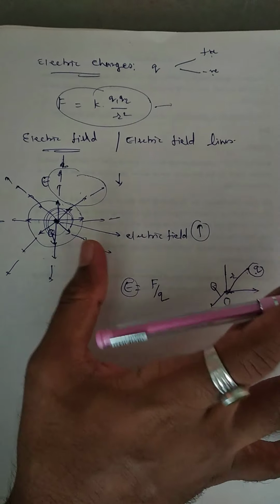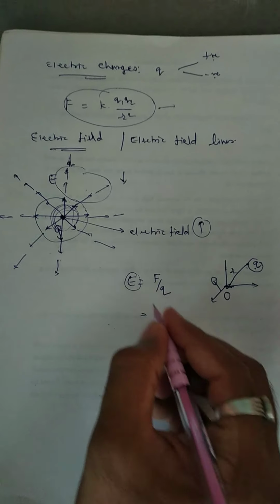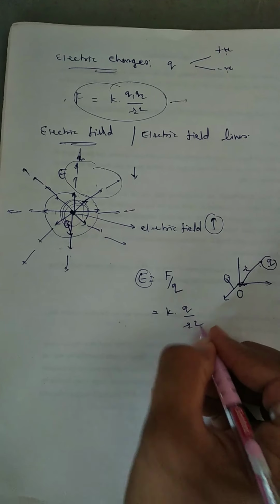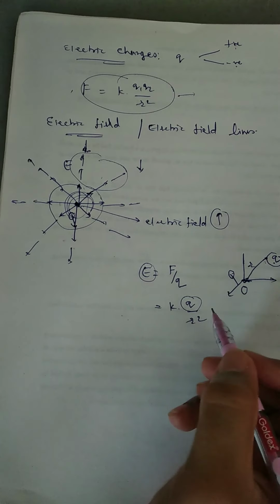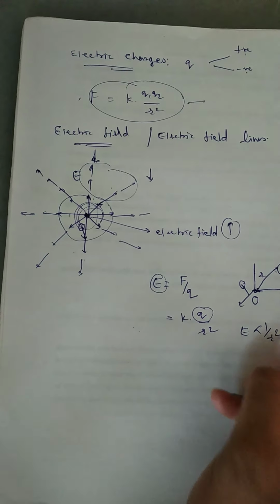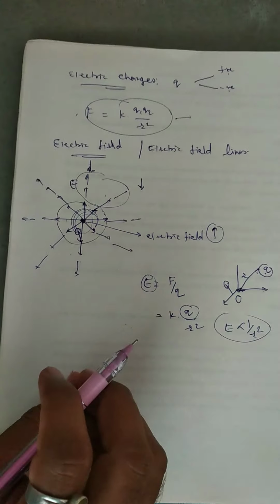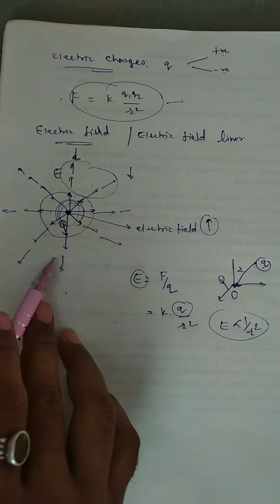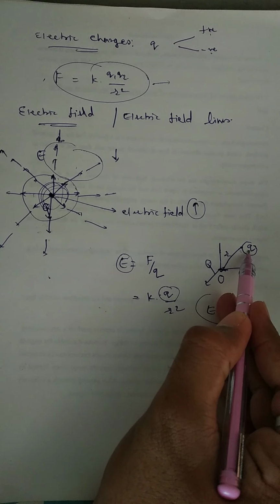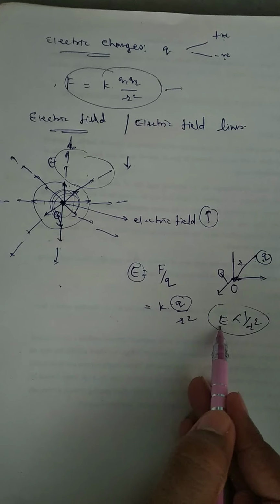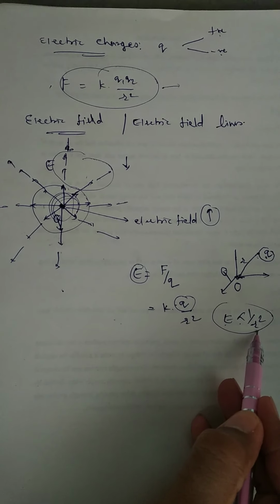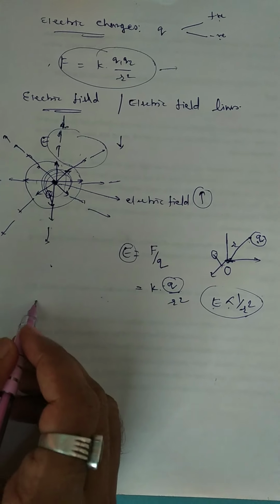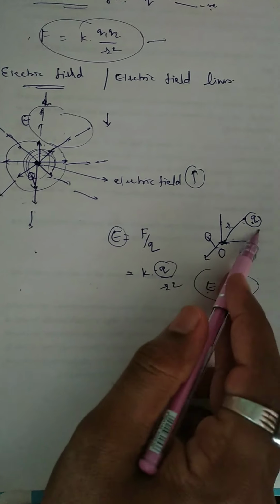So E is equal to F upon Q. If we put the value of F in this equation, we get K Q upon R square, where Q is a test charge, so E is proportional to 1 upon R square. Here we understand a few properties of the electric field. First, the electric field is independent of the test charge. Second, the electric field is inversely proportional to the square of the distance of a test charge from the source charge, and the electric field is a vector quantity.